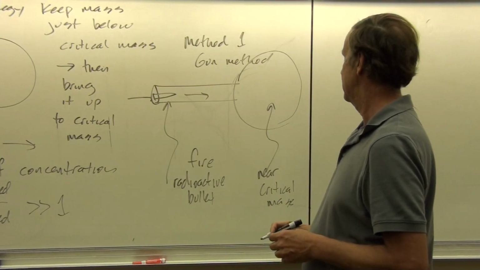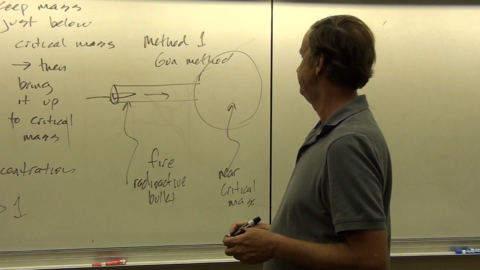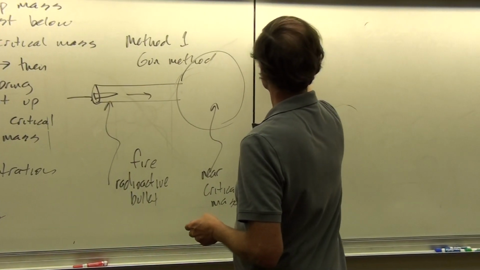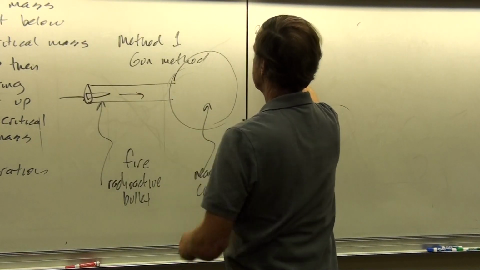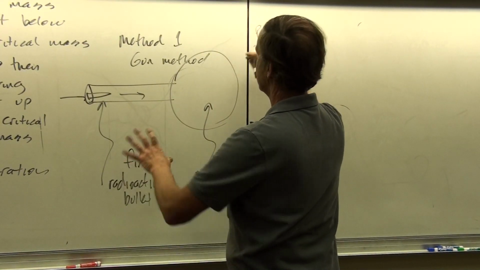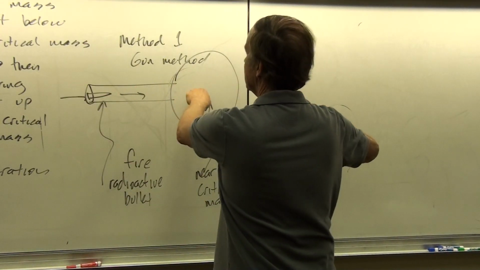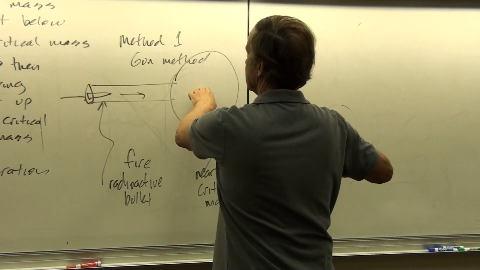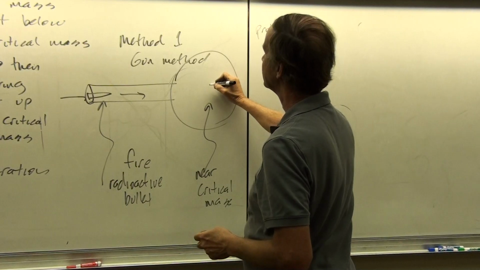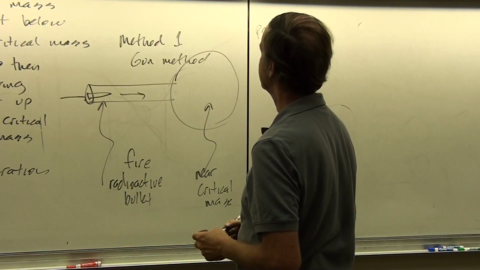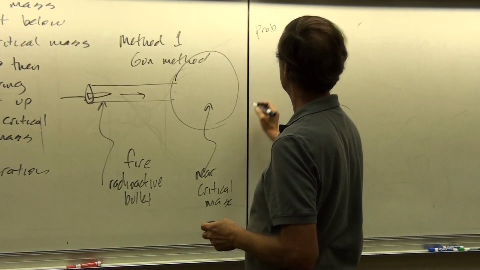And so the reaction didn't go by fast enough. The bullet couldn't keep up with how fast the reactions had to go as this thing buried itself into the near critical mass.